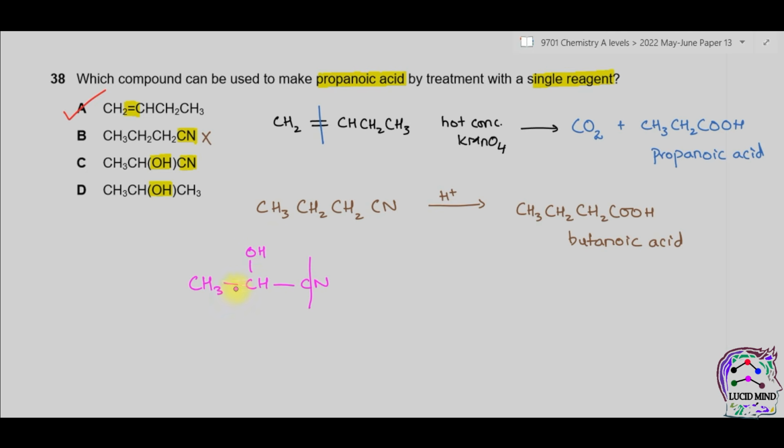So if we are going to make carboxylic acid, it will also contain an OH group on second carbon. So in acid reflux, it will form propanoic acid having an alcohol group on second carbon. Now we have D.